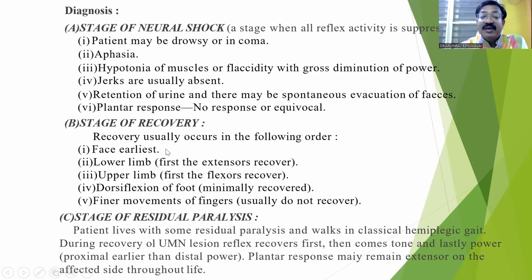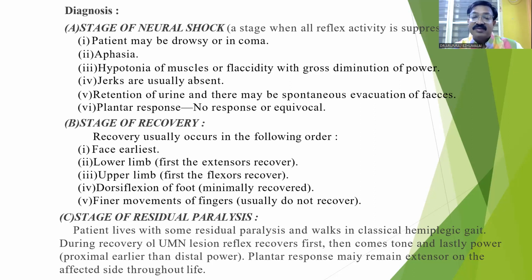Face may recover earlier. Lower limb, first the extensors. Upper limb, first the flexors. We used to see in many cases of hemiplegia that they walk early rather than using the upper limb for any use. So the lower limb recovers somewhat better than the upper limb.